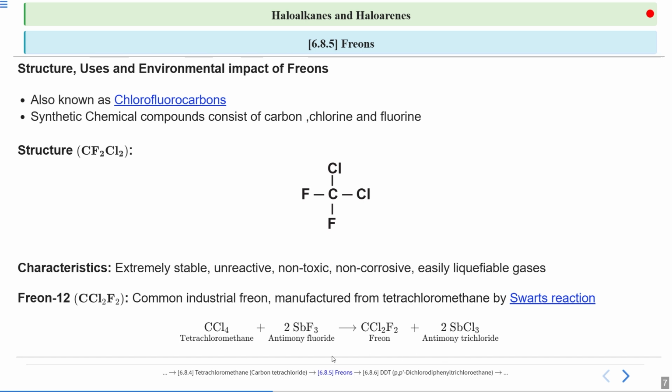So this is the Swarts reaction, the manufacture of freon, the chlorofluorocarbon CCl2F2, from tetrachloromethane. This is a common industrial freon which many industries manufacture and use on a large scale.